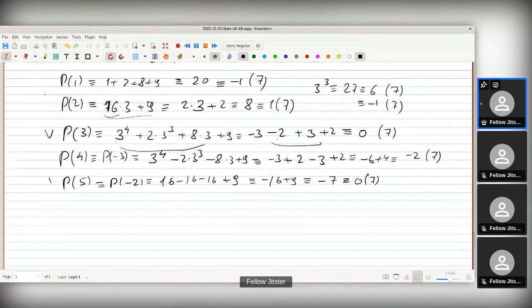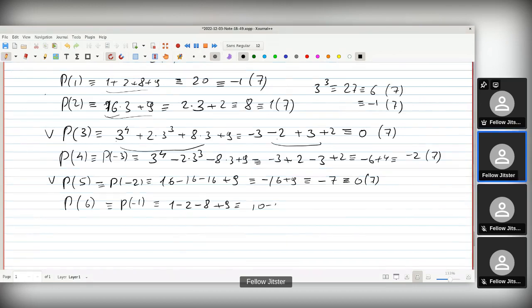The last one. P of 6 or P of minus 1. What is it? The same as here, except the signs. 1 minus 2 minus 8 plus 9. It is 10 minus 10.